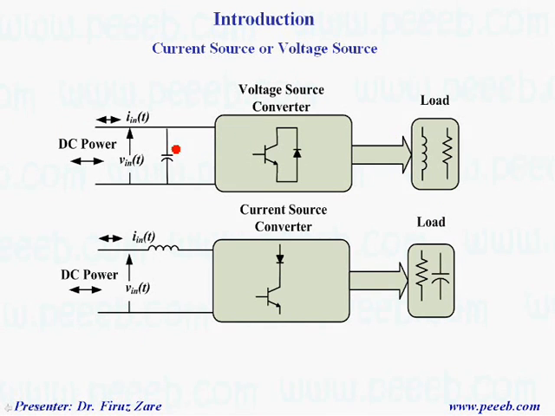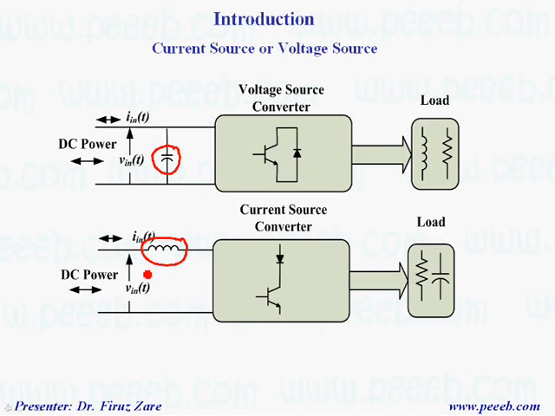When we talk about voltage source inverters, we can provide DC voltage using a large capacitor, or we can generate current source using a large inductor. Because the inductor is very large, that means it's very bulky and expensive and heavy.